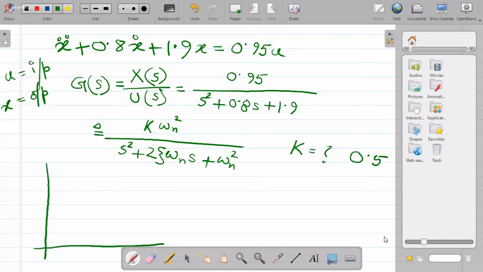So if you just have a look at the response, now what if the value of u is say a 10 volt step. So if we draw that, so this is your u(t), sorry, I made a mistake. It should not come beyond this.